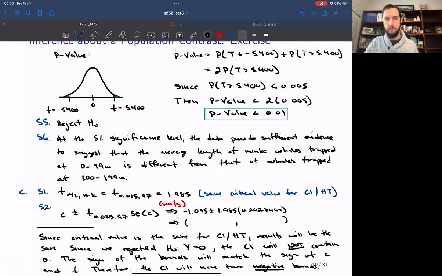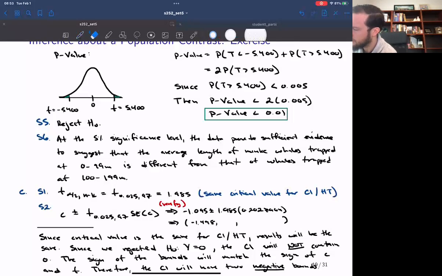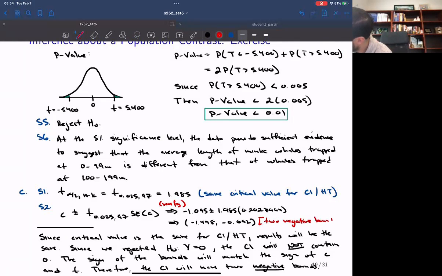And if we put those together, we get approximately negative 1.498 to negative 0.692. Right? So two negatives. That's okay.